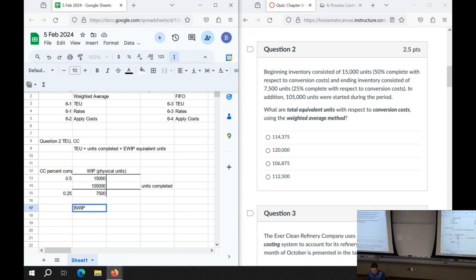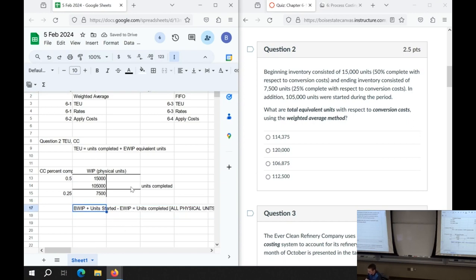I'll write it out. Beginning WIP plus units started. This is the equation.